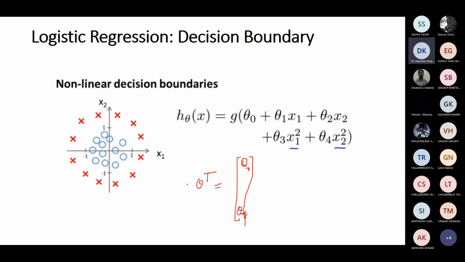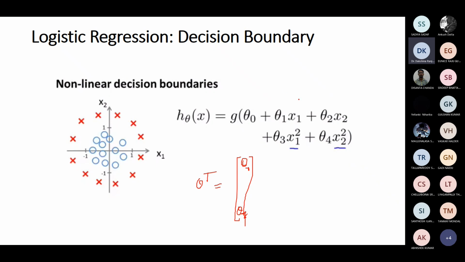So this theta is nothing but the vector of model parameters. Initially we will choose values for these parameters before we get the parameter values automatically.